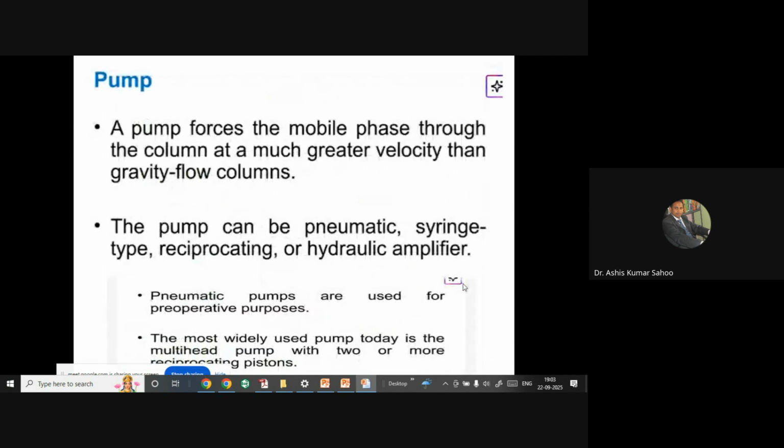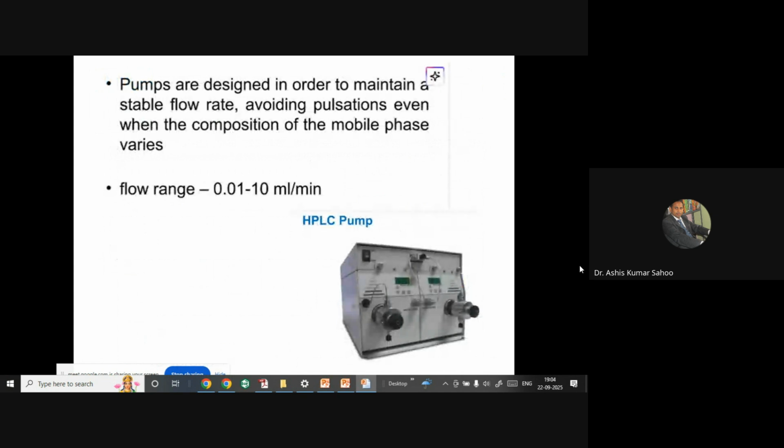We'll discuss them one by one. A pump forces the mobile phase through the column at a much greater velocity than gravity flow columns. The pump can be pneumatic, syringe type, reciprocating, or hydraulic type. Pumps are designed to maintain a stable flow rate, avoiding pulsating flow when compressing the mobile phase. The flow range varies from 0.01 to 10 ml per minute.